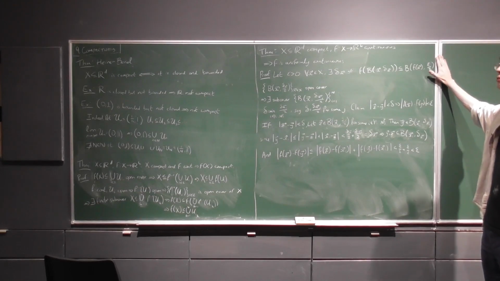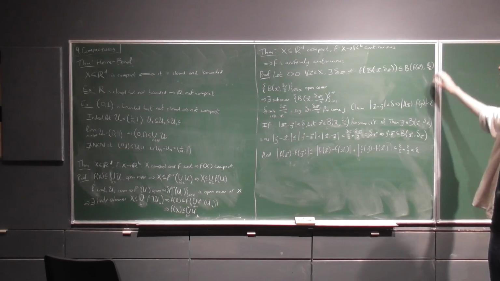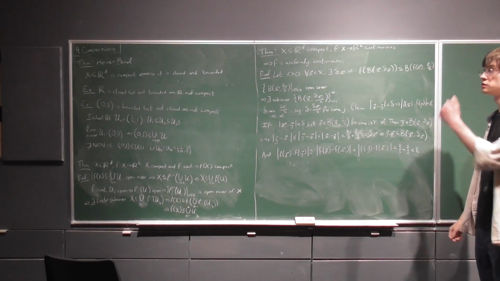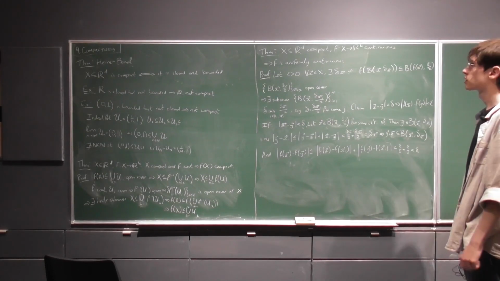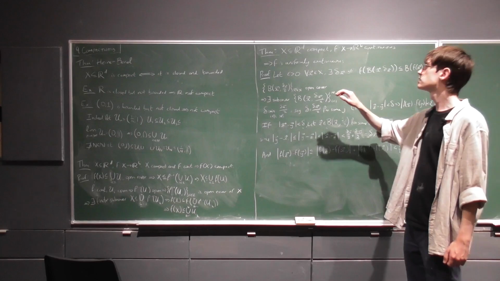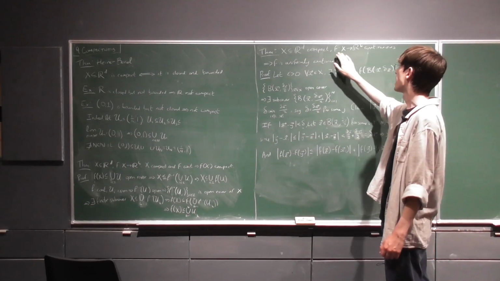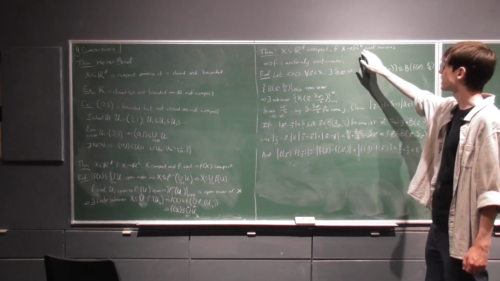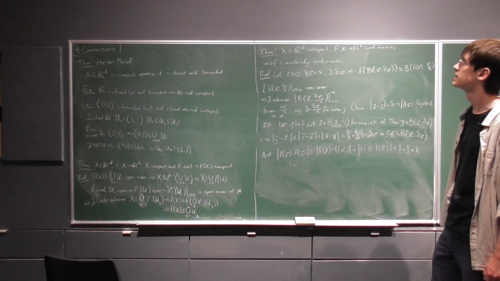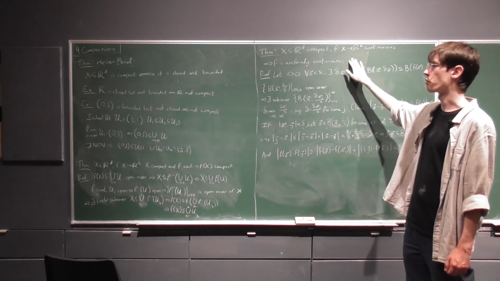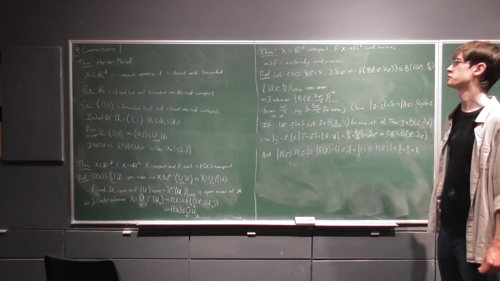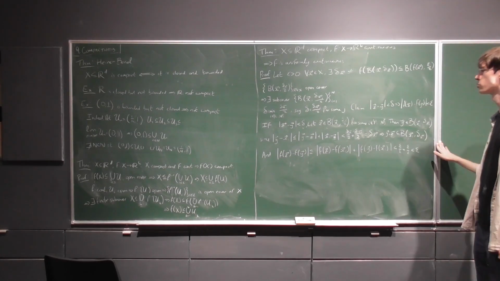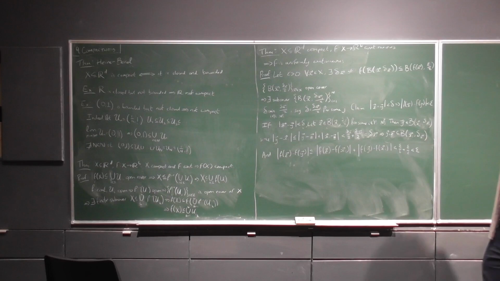This is a very important result as well, which is often used as an easier way to deal with uniform continuity. So if X is compact and f maps X to R^b and f is continuous, that means that f is uniformly continuous. Now this at least wasn't obvious to me, so I think it's definitely worth going through the proof.